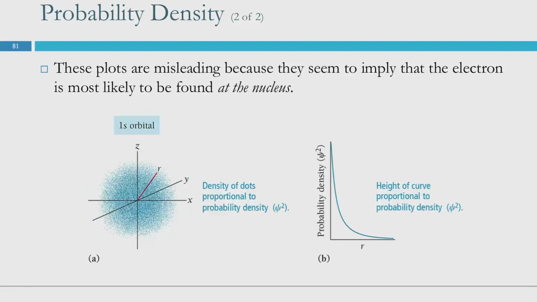Each of those dots represents one point in time, and where the electron is at that particular point in time. So you can see generally it's in this vaguely spherical shape. It's hard to see because it's a two-dimensional plot. But for the most part, it's found just right around our nucleus.